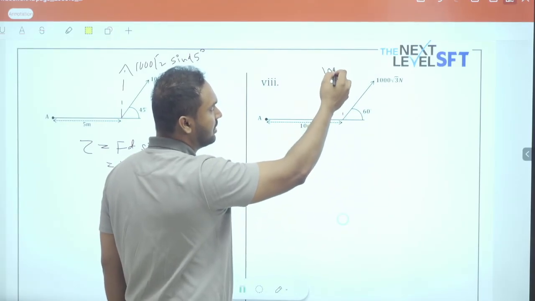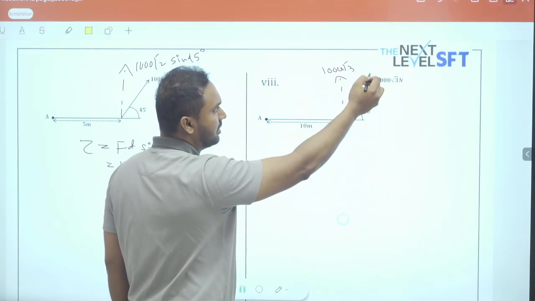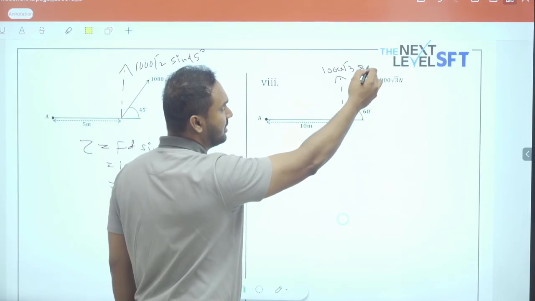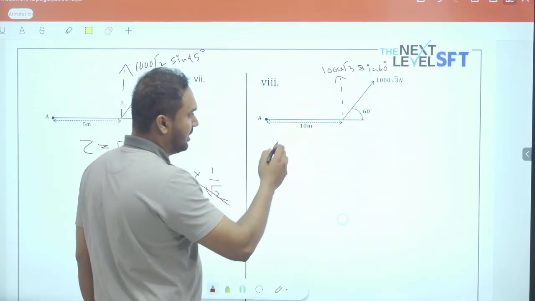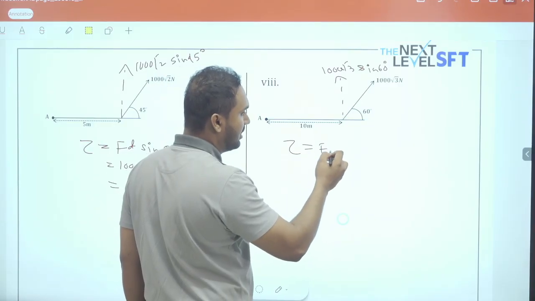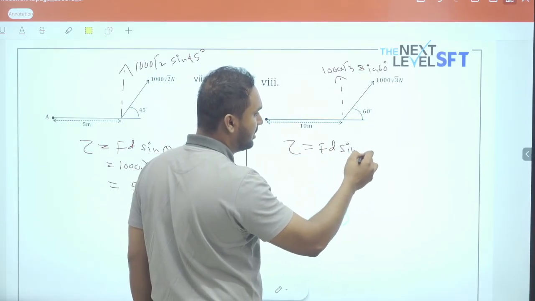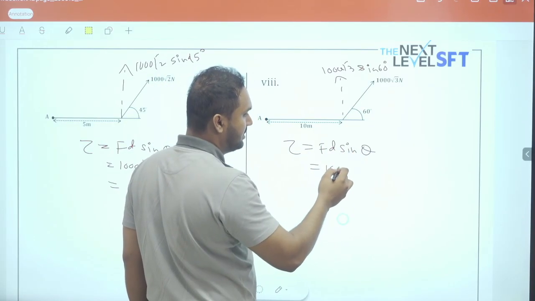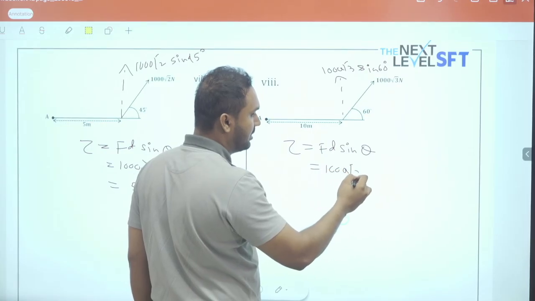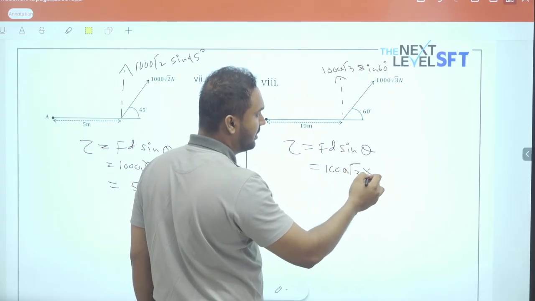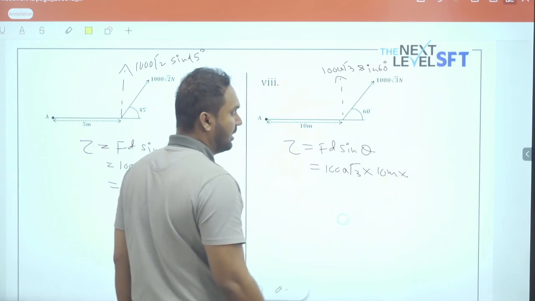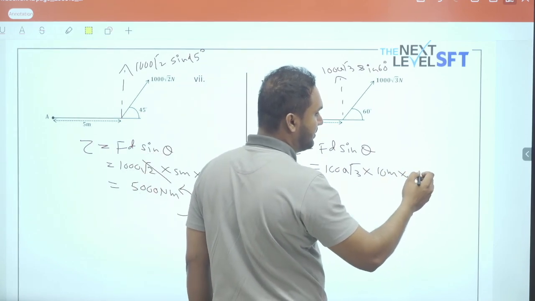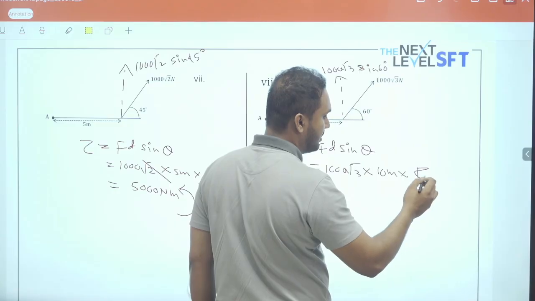And the force acting here should be how much? 1000 root 3, sine 60, right? And tau equals Fd sine theta. F is 1000 root 3 into d is 10 meters, and sine 60 is root 3 over 2.